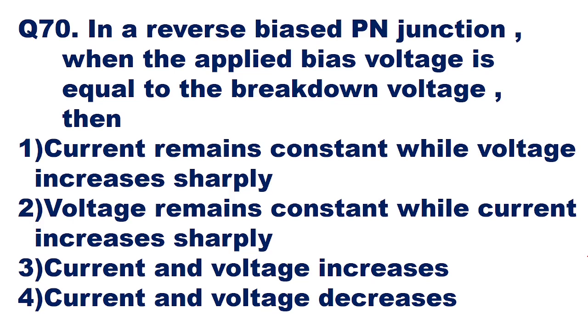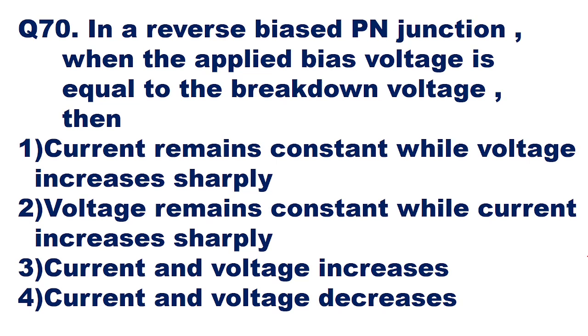Now, as we are speaking about reverse bias PN junction, we should be very clear with the concept of minority charge carriers. We know that in an intrinsic semiconductor, that is a pure semiconductor, if the temperature increases and there is sufficient thermal energy, some of the valence electrons will jump into the conduction band.